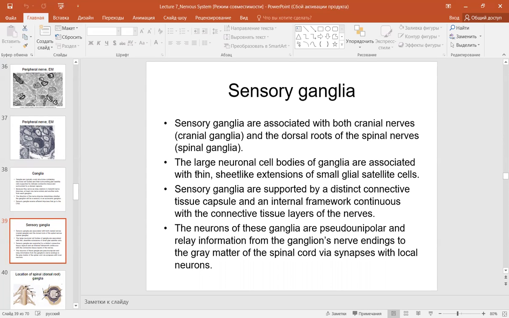Sensory ganglia are supported by a distinct connective tissue capsule and an internal framework continuous with the connective tissue layers of the nerves. The neurons of these ganglia are pseudo-unipolar and relay information from the ganglion's nerve ending to the gray matter of the spinal cord via synapses with local neurons.